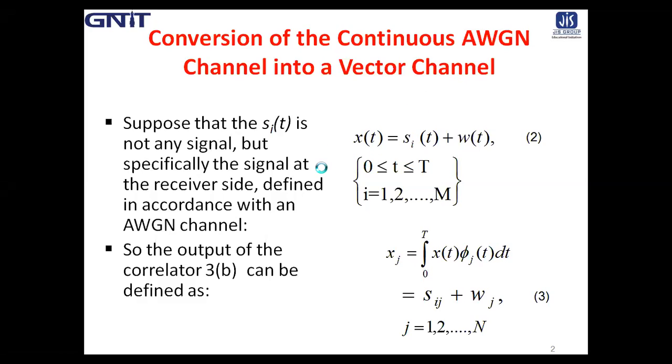That is to say, x(t) is equal to si(t) plus w(t), where t belongs to 0 to T and i equal to 1 to M. Here w(t) is a sample function of a white Gaussian noise process W(t), whose mean is 0 and power spectral density N0 by 2.